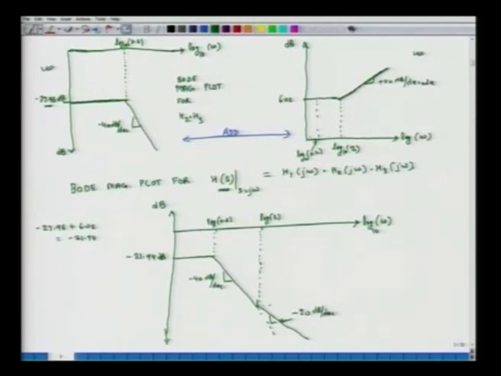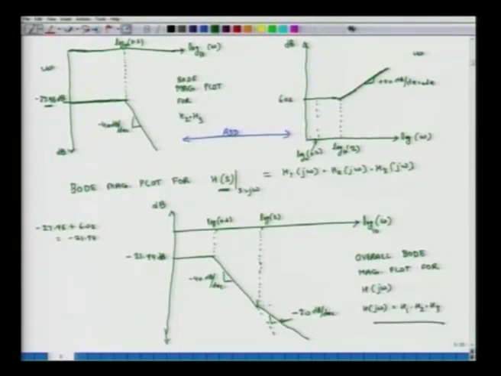So, this is my overall Bode magnitude plot for a transfer function H(j omega), where H(j omega) is essentially a product of three individual transfer functions H1 times H2 times H3.